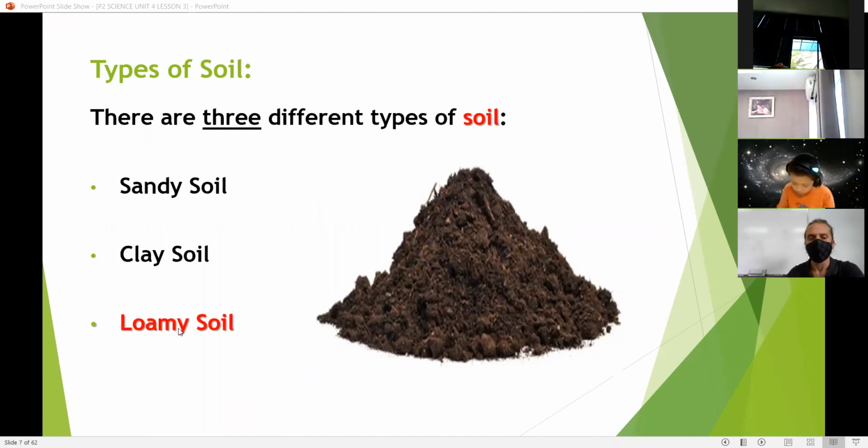One more. What is this? Anybody know this? Loamy soil. Ooh, some of you got it right.